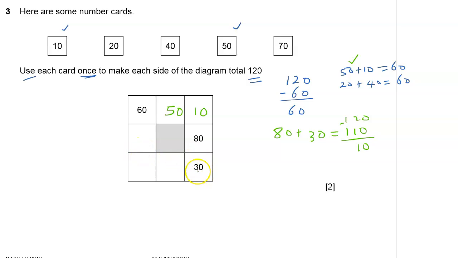We have 30 here. 30 plus some card here and some card here should give us 120. And therefore we have 30 plus 70. 30 plus 70 will give us 100. And therefore here we should have a card that should give us 120. So 100 plus 20 should give us 120. So this is going to be 70 right there, and here we'll have 20.